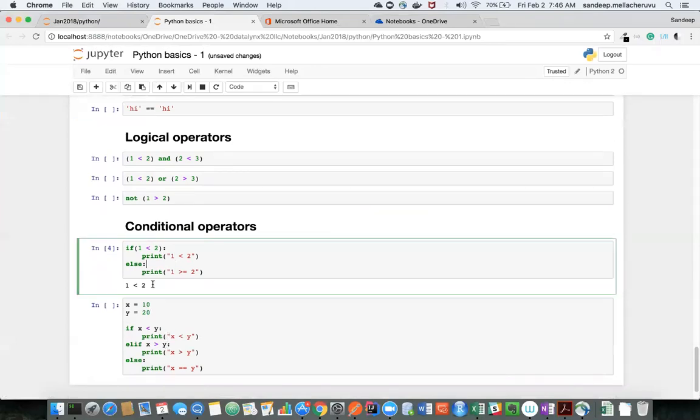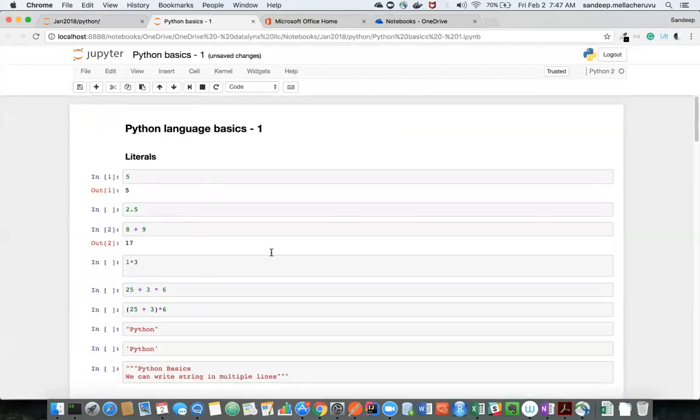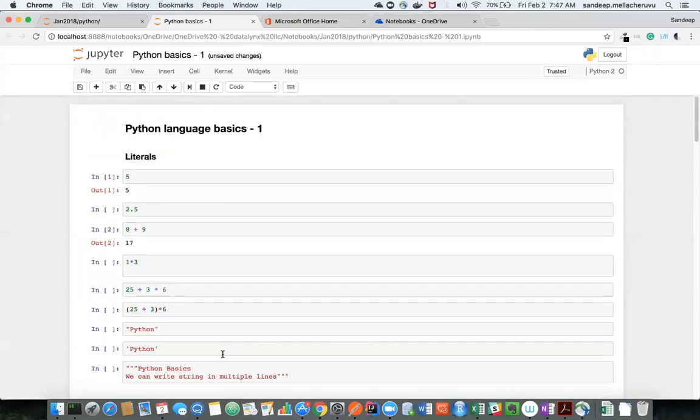When I do shift and enter, the answer will be coming after the cell. So it's a very easy to use programming environment, and once you create all the programming constructs and everything, it will finally become your notes also. It's both ways. Is that clear?